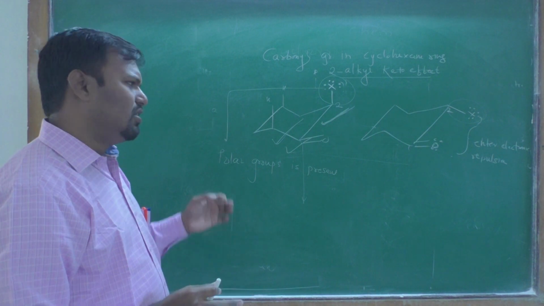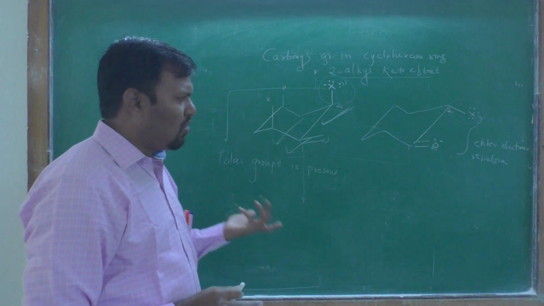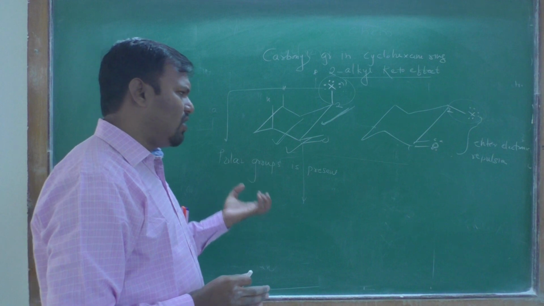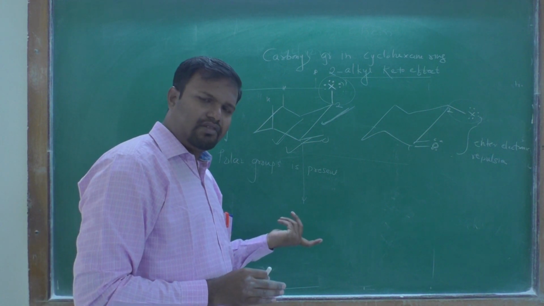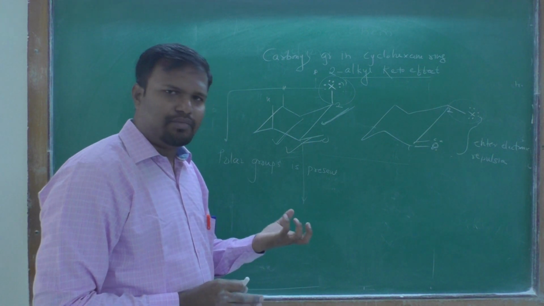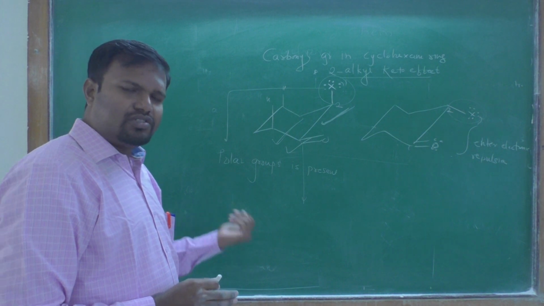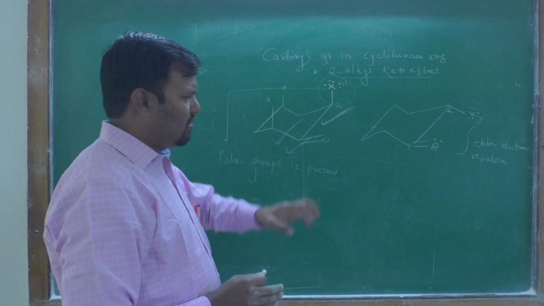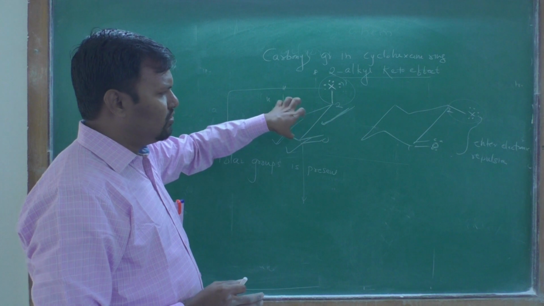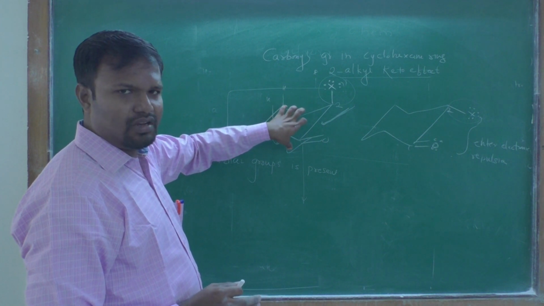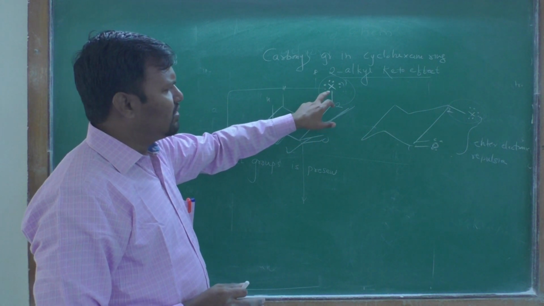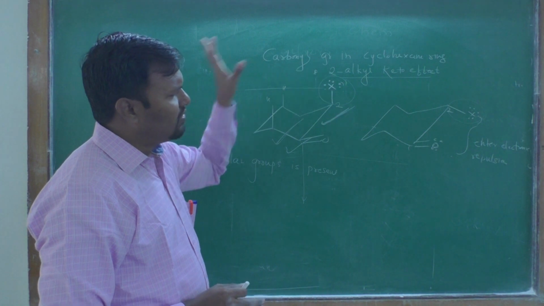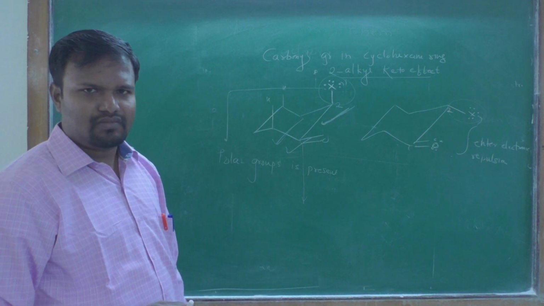By comparing this, when one molecule is found in a conformation, it means that conformation is the stable conformation. Among these two molecules, it takes the conformation where the halogen is at the axial position.